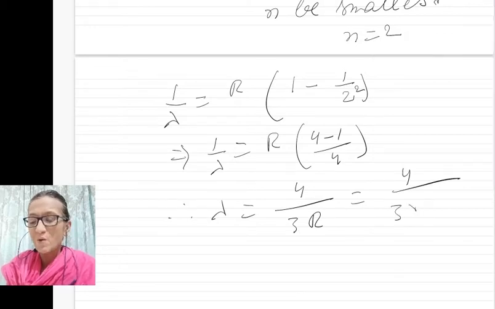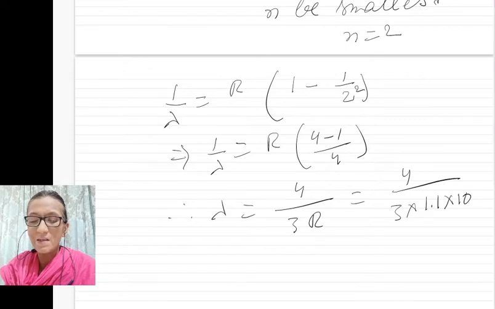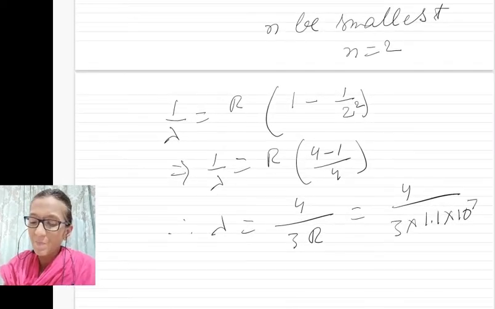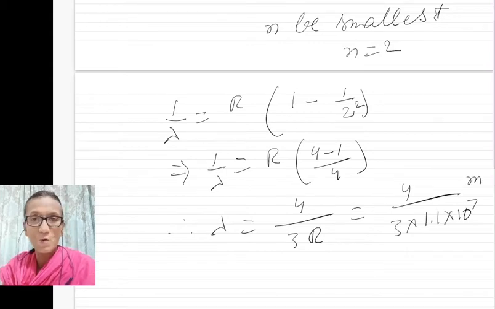This is equal to 4 divided by 3 into 1.1 into 10 to the power 7 per meter. Meter goes in numerator.